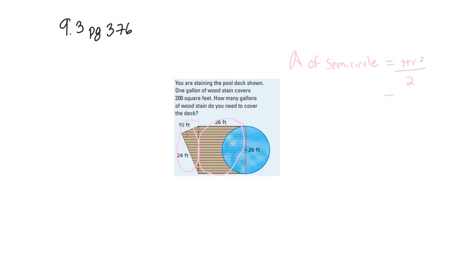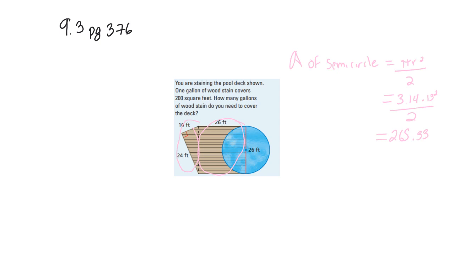So 3.14 times half the radius of this circle, because it's 26, would be 13. So 13 squared divided by 2 would give us 169 times 3.14 divided by 2 would give us 265.33. All right, so that's the area of our semicircle.